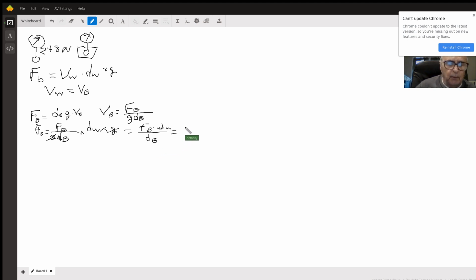Okay, so the F sub B is 248. Density of water is about 1,000 kilograms per cubic meter. And the density of brass we're going to take is about 8,000 kilograms per cubic meter.